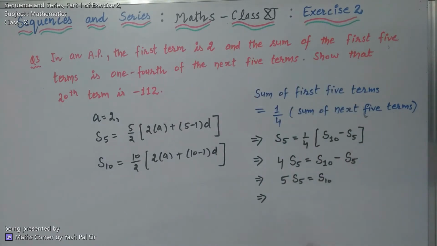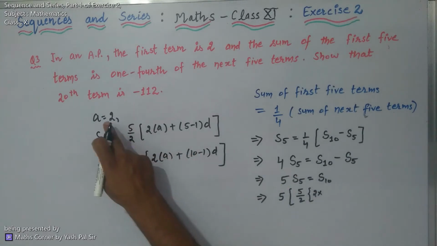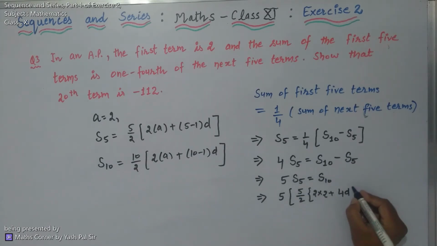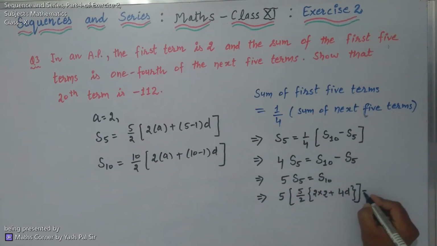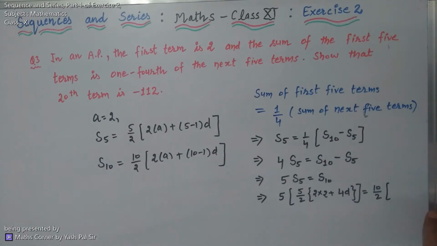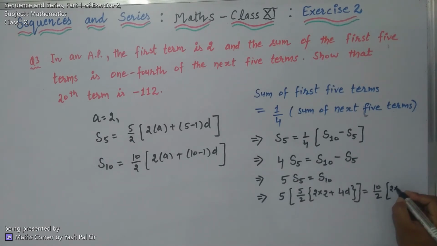So here substituting the values, we have 5 into S5, that is 5 upon 2 into 2a, 2 into the value of a which is 2, plus n minus 1, that is 5 minus 1, 4 into d. This is equal to S10, 10 by 2 into 2a, 2 into 2 plus 10 minus 1, 9d.